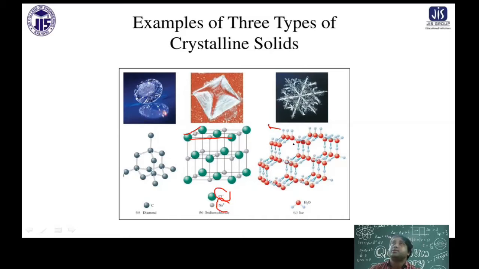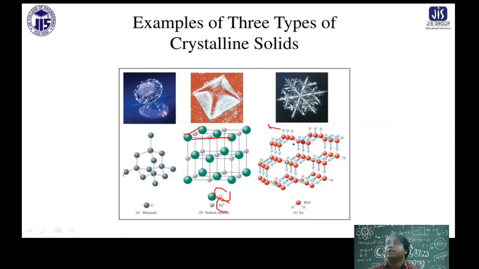So, what are the three types of crystalline solids? One is like diamond, that you can see. Another is like sodium chloride, where Na plus and Cl minus will be there. And water is also there. Water is a polar molecule according to the studies of dielectrics.